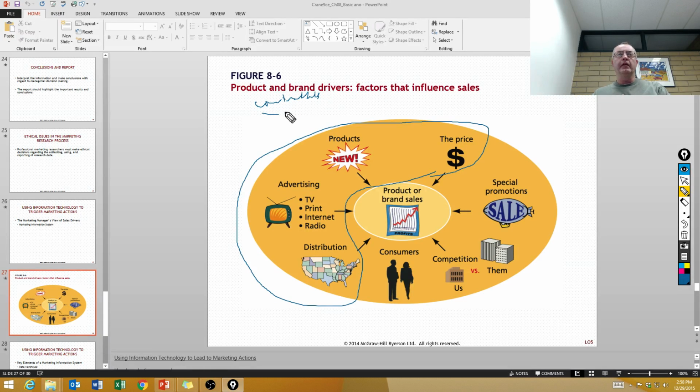They're controllable by the marketer, so these are the marketing mix, otherwise known as the 4 Ps. The price, product, advertising, let's say that's promotion, and distribution refers to place, where is the product available.